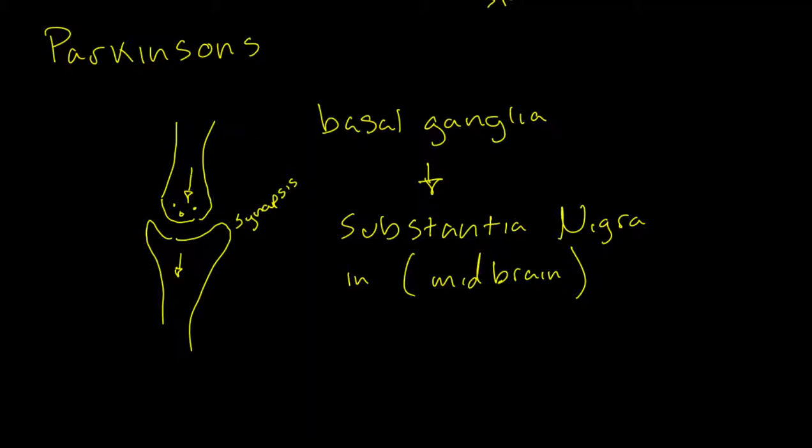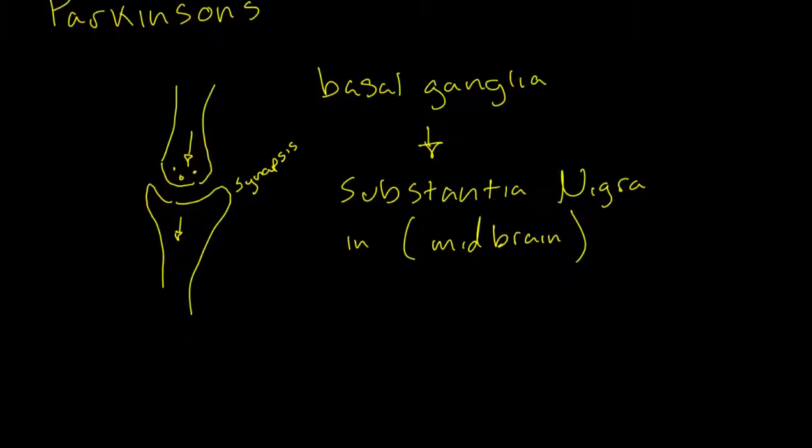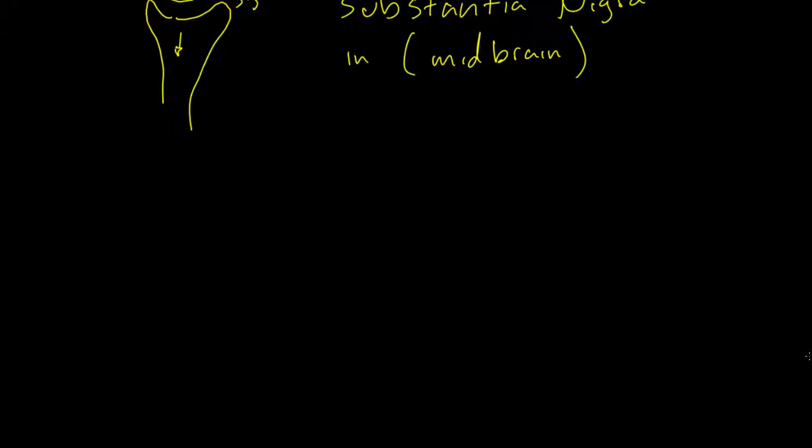Because they can't send the signal, that's why you get jerking movements. Everything's slowed, and you'll get the twitching, because this is in charge of motor function. So that's why you see the twitching aspect of it.